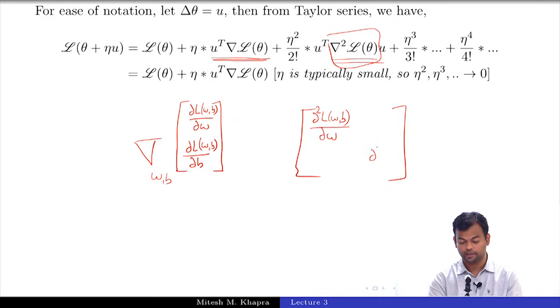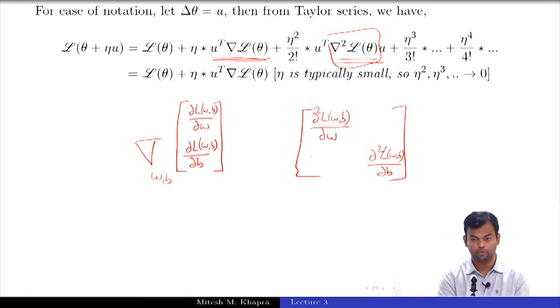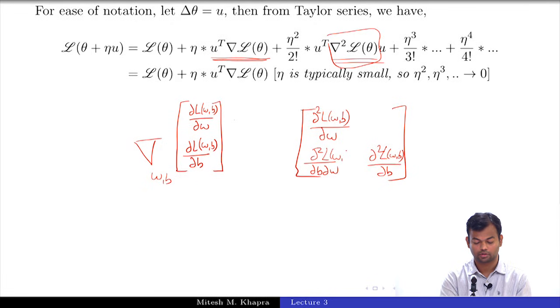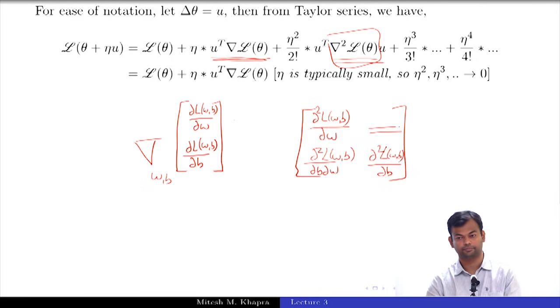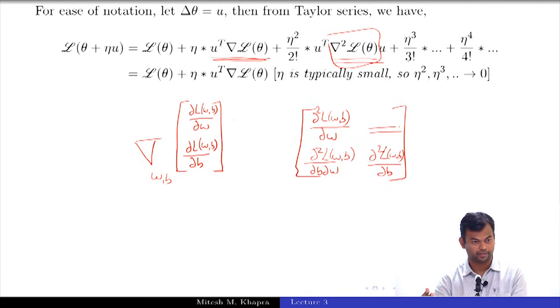What would this quantity be? Okay, what would this be? And you can fill in this quantity, right? So now it's clear that the Hessian is the derivative of the derivative, and it would be a matrix. Okay, is that clear to everyone?